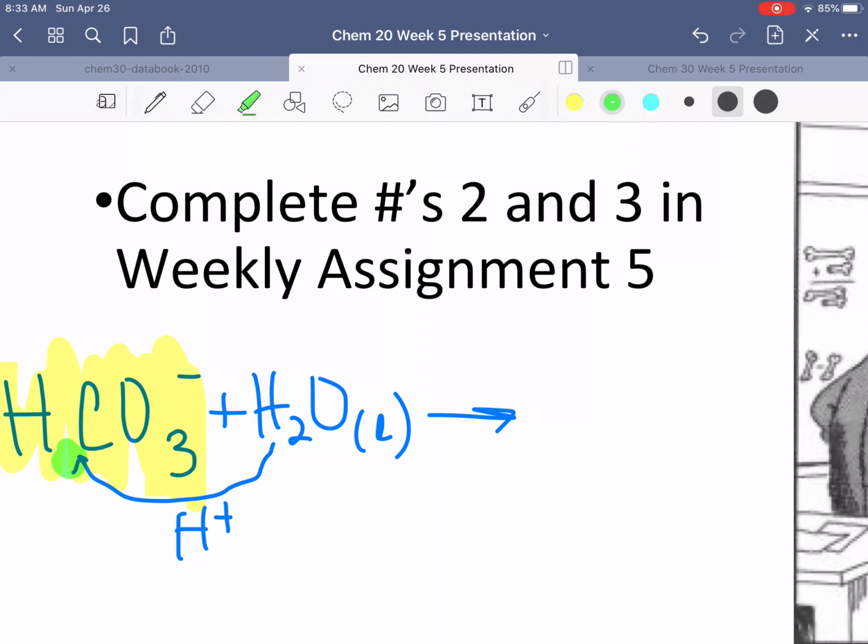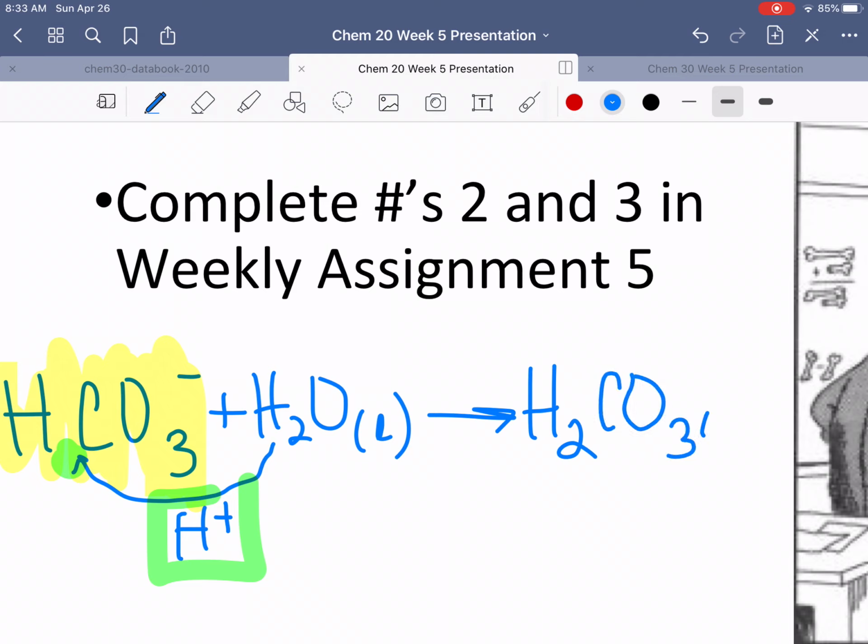In terms of how that happens, look at the numbers. Previously, there was one hydrogen, but we're adding another. So now you're going to have H2. Okay, started with one, added another, now we're at H2. The CO3 is still there. Notice the charge though. Now it's at 0 because originally there's a -1 charge. We added the +1 proton. That gives us 0.